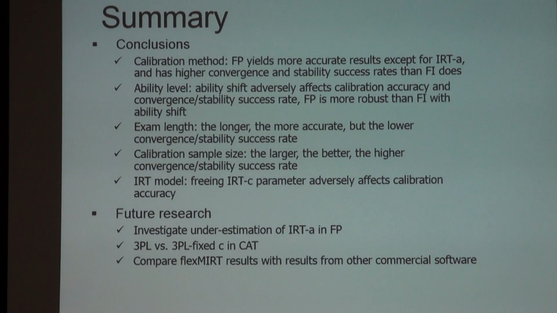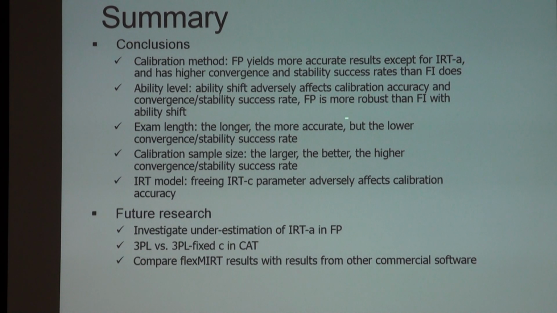So in summary, findings in these results suggest that fixed person parameter calibration results in more accurate estimates, and it also has a higher convergence and stability success rate than the fixed item parameter method does, except for the LLTA parameter.